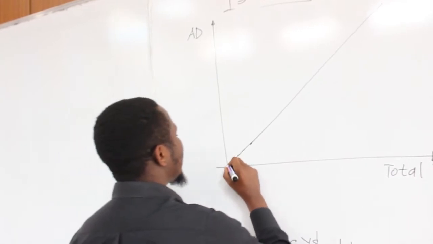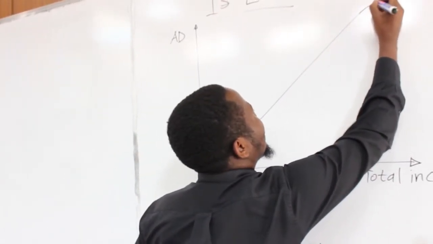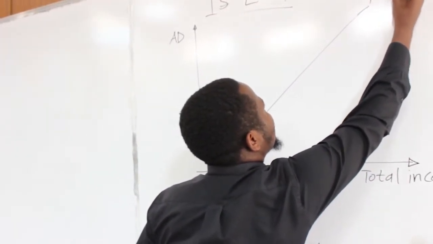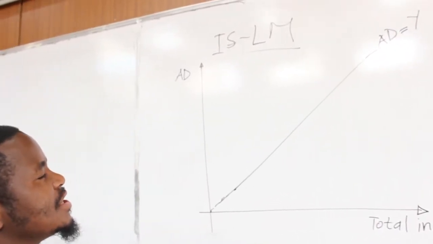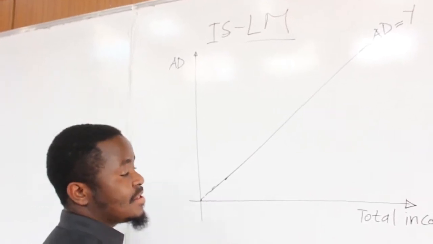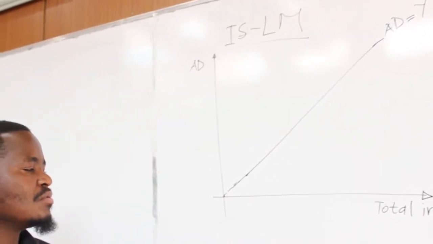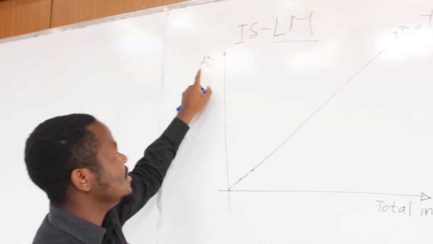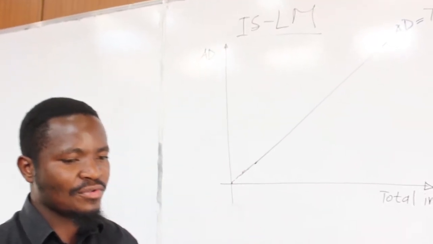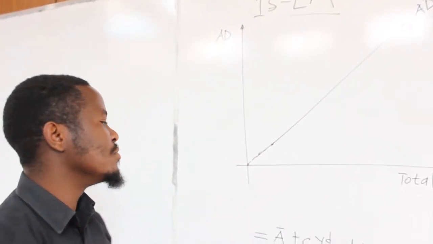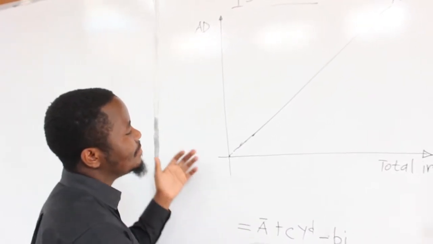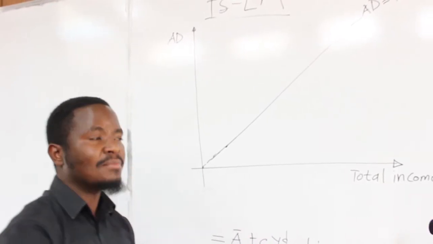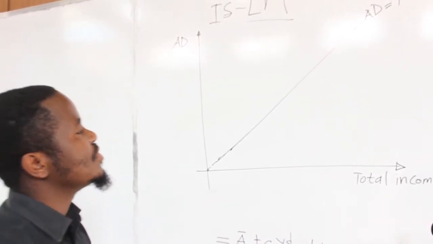So we shall have this aggregate demand curve equal to our Y, the total income in the economy, to imply the equilibrium condition, or the condition when the total amount of goods and services that people want in the economy through investments, through consumption, and through government expenditure are indeed equal to the total income or the total output that the economy has produced.